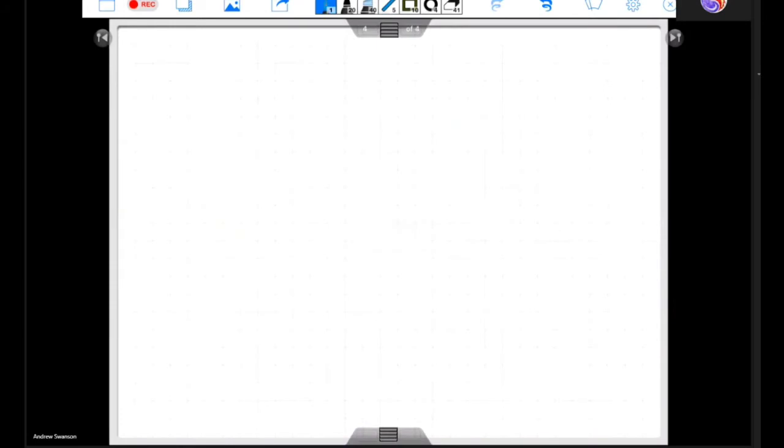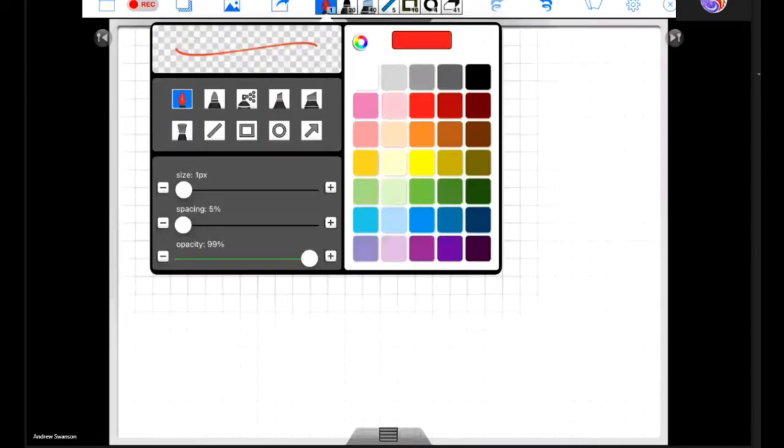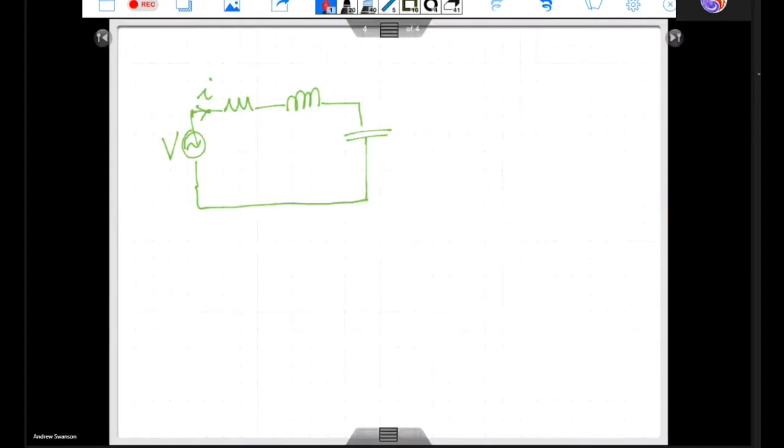Okay, let's go into one last circuit. Right, in this case, we've got a series connection of a resistor, inductor, and capacitor. I'm not going to draw out the voltages here because it's going to get a little bit complicated.